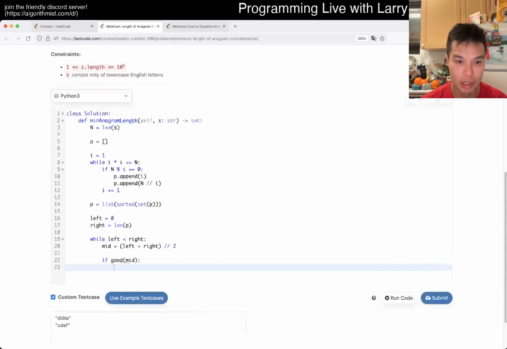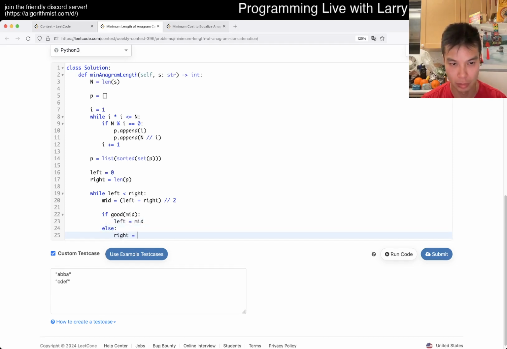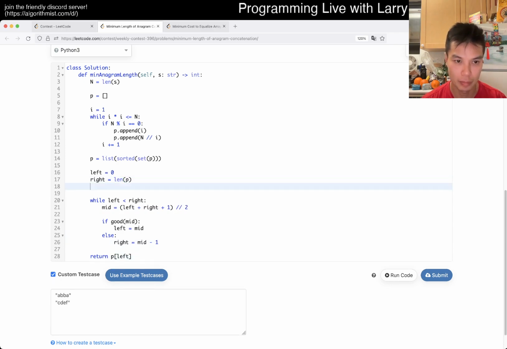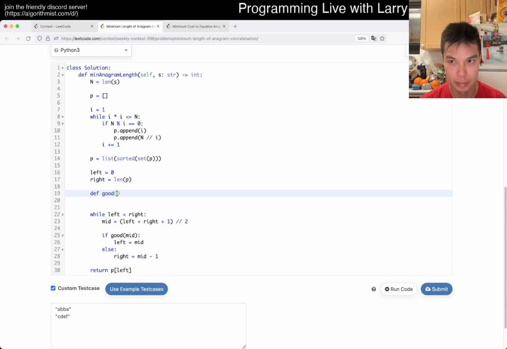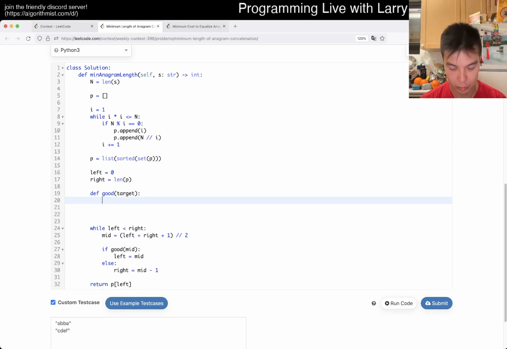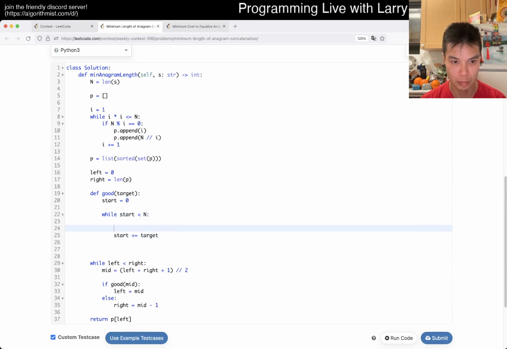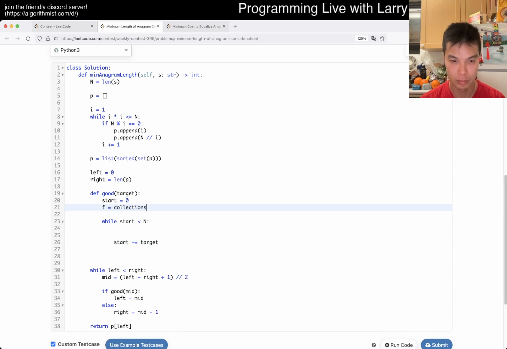This is good, then we try a longer one. It's bad, we try a shorter one. Not mid, Larry, P of mid. Okay.